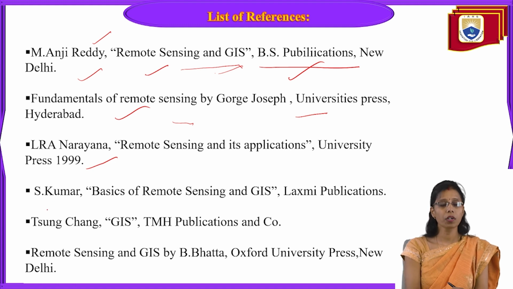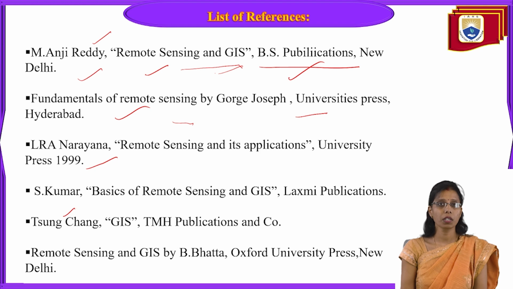Like this, we have more references here. S. Kumar is also a good book for basic remote sensing and GIS, from Lakshmi Publications. And you have Tang Chang GIS, from TMH Publication, and this book will be very good for the GIS part.